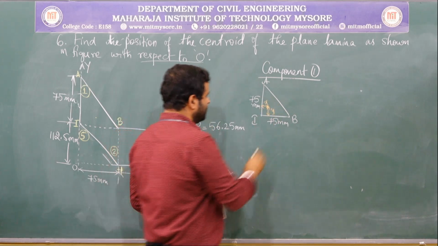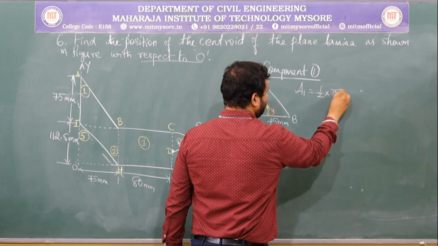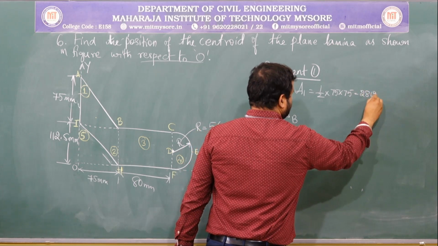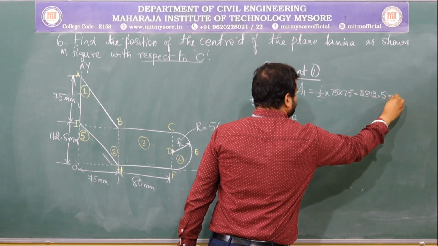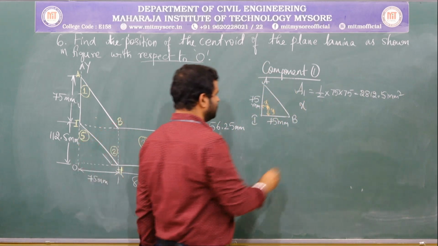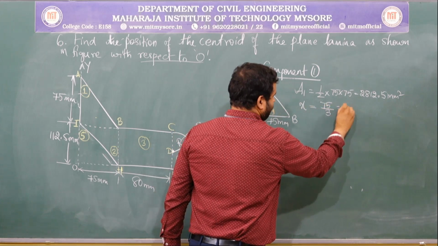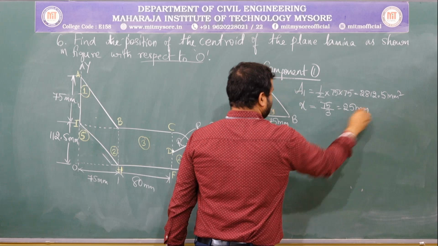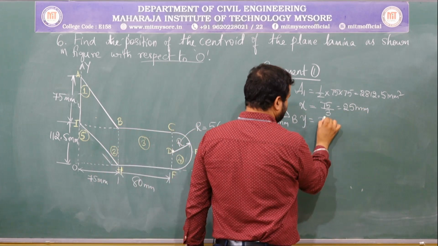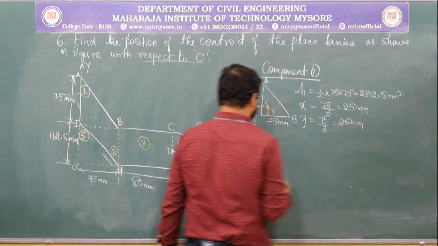Now, when we calculate the areas, A1 is half into 75 into 75, which is equal to 2812.5 mm square. X component of this particular triangle is equal to base by 3 and y component of this triangle is equal to h by 3. So, this is component 1.